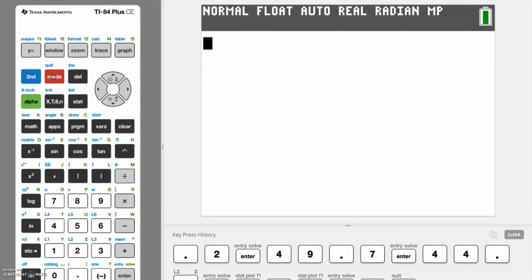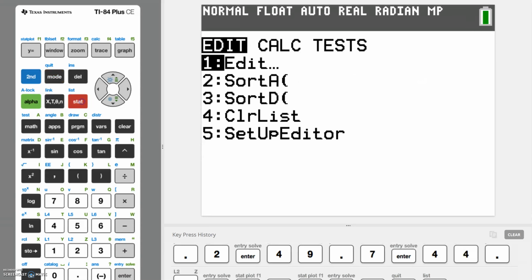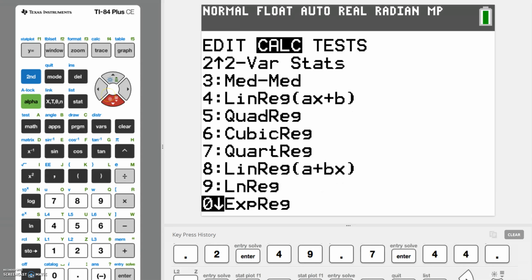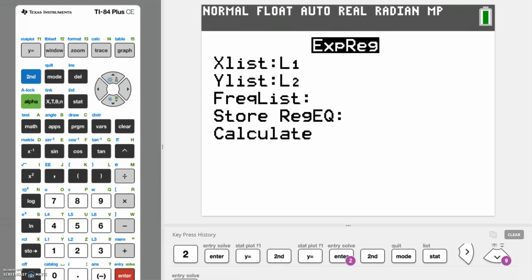Then quit out of that and go to Stat Calc, and it asks for an exponential function. That's down here, choice 0, exponential regression. Hit enter. If you have an older calculator, you will not see this screen.